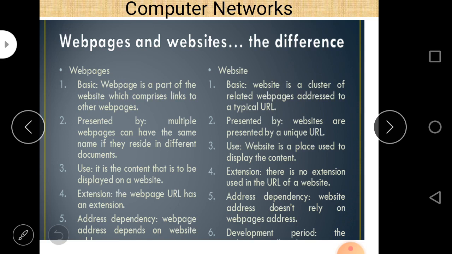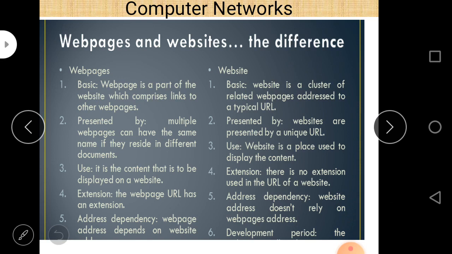So a URL is always unique, and websites are represented using a URL. A web page is the content that is to be displayed on a website, and a website is the place used to display the content.